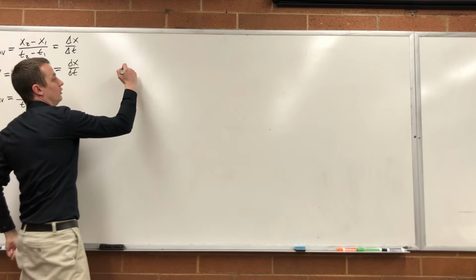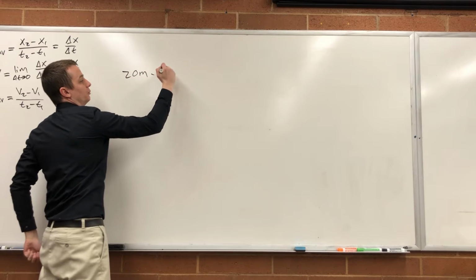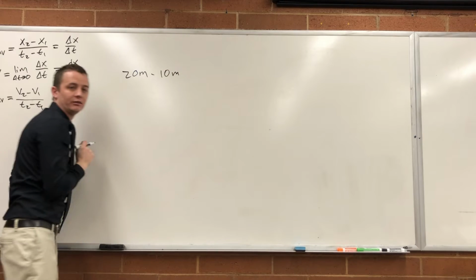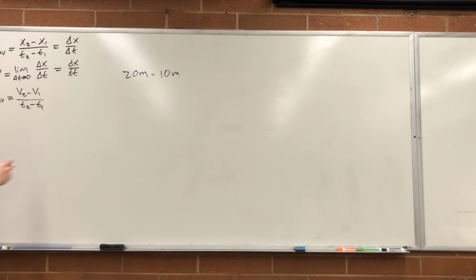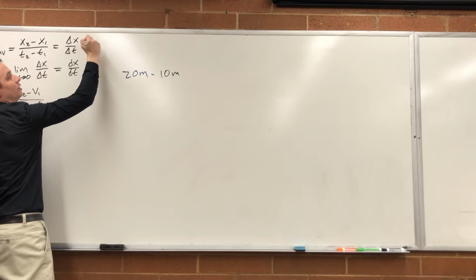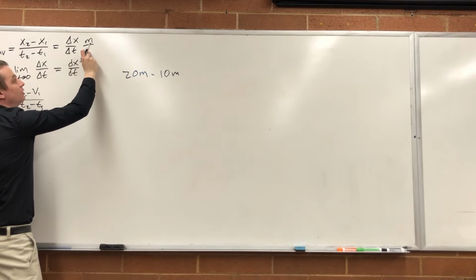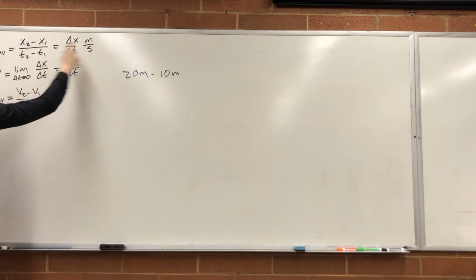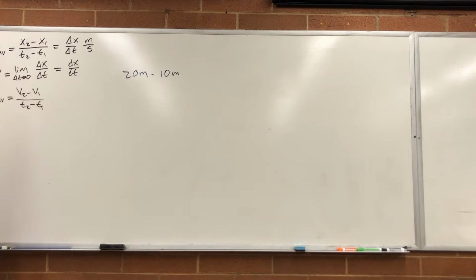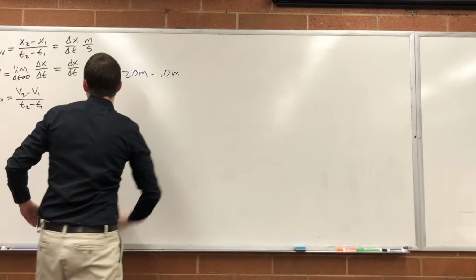If my final position is at 20 meters, and my initial position is at 10 meters, delta x is equal to 10 meters. So the units up here are meters. What's the units down here? Just seconds. So your velocities are meters per second. Make sense?